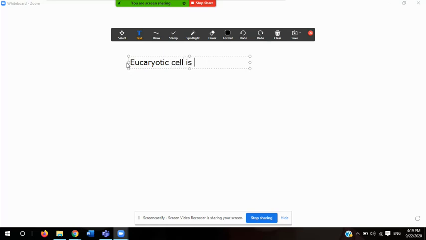The first thing we're going to talk about is that the eukaryotic cell is very well organized. It has a lot of specialized structures.